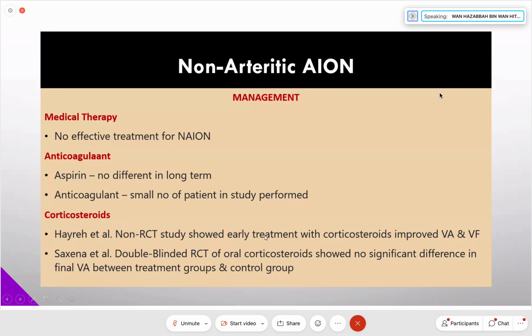However, this is a non-randomized study. Later, one study by Saxena, a double-blind RCT, shows that oral steroid shows no significant difference in terms of the final visual acuity outcome between the two groups, treatment and control group. So you can start, but you cannot promise anything to the patient.